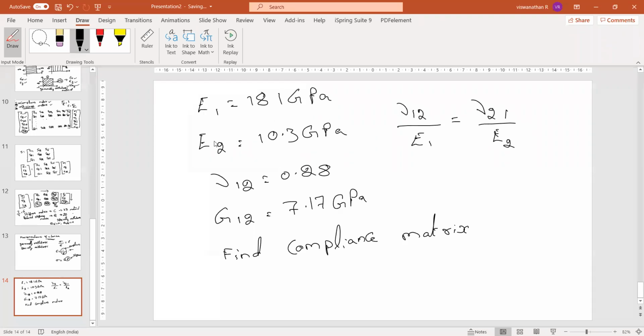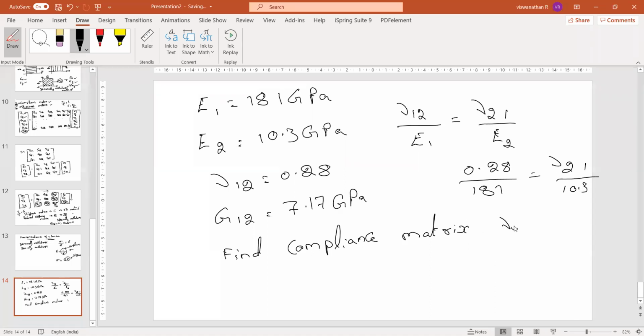Young's modulus values, the elastic modulus values of the lamina in material coordinates, in the longitudinal and transverse directions. So 0.28 divided by 181 is equal to nu21 divided by 10.3.